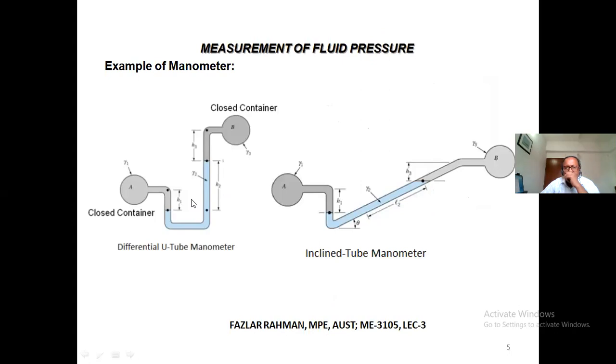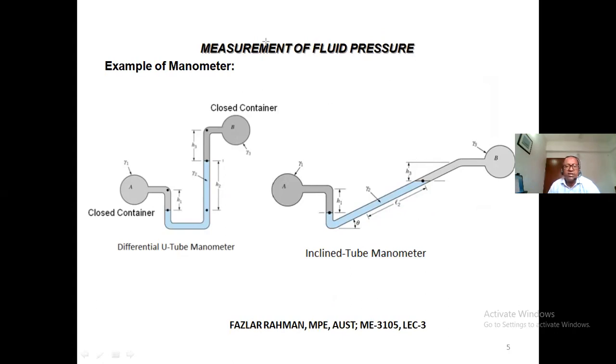Right. This one in the left side is a differential manometer, because it will give you the pressure difference between two tanks. And in the book, normally we give you the fundamental idea, but the distance between these two tanks might be 300 feet or 200 feet, or might be 10 feet, or might be 2 meters.